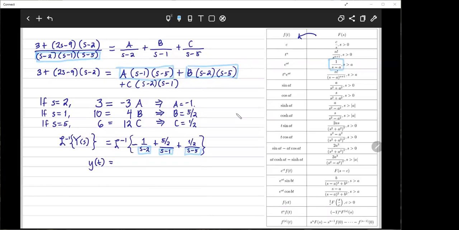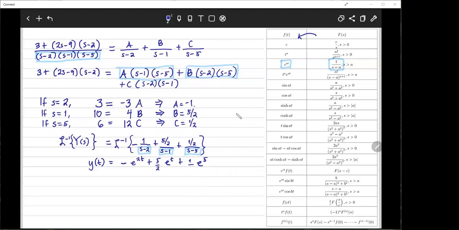Yung pasok na entry dito sa ating table is ito. Inverse Laplace of 1 over s minus a is e raised to at. Ngayon, kokopyahin ko na lang yung mga numerator natin. So, -1, inverse Laplace of 1 over s minus 2 is e raised to 2t, plus 5 over 2, inverse Laplace of 1 over s minus 1 is e raised to t, plus 1/2, inverse Laplace ng 1 over s minus 5 is e raised to 5t.